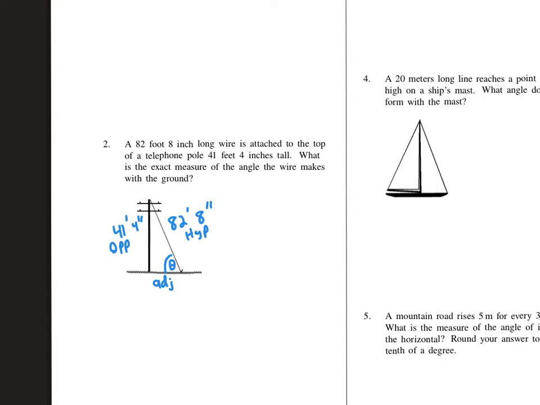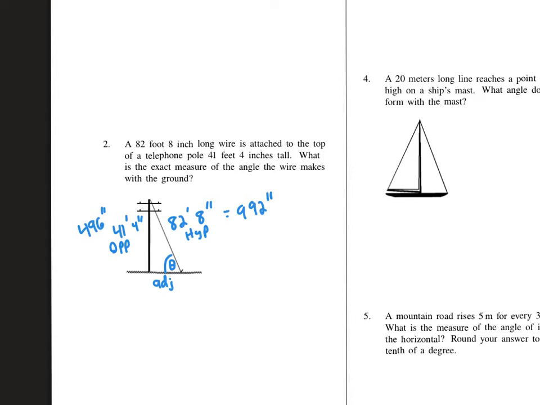So I'm going to call this 496 inches. Now 82 feet, 82 times 12 is 984 inches. And I'm going to add to that the 8 inches, and I get 992 inches. Okay, so now at least we have a consistent measurement that we can compare.